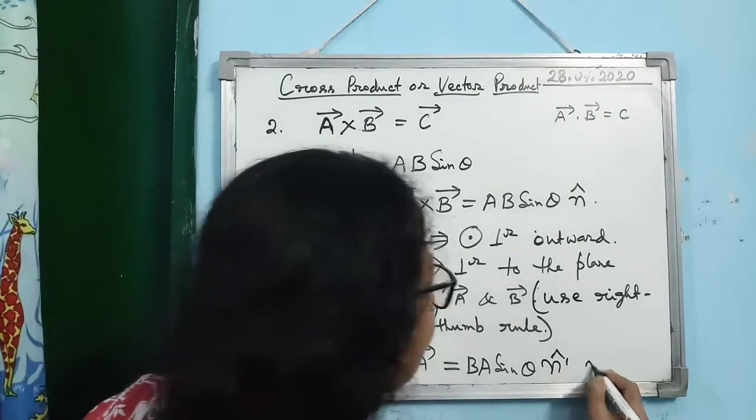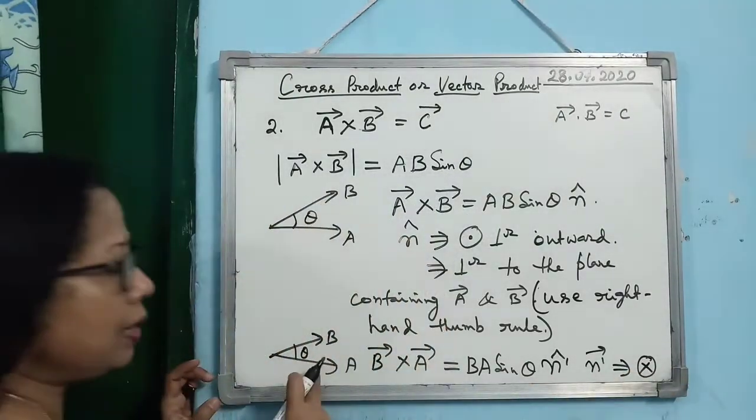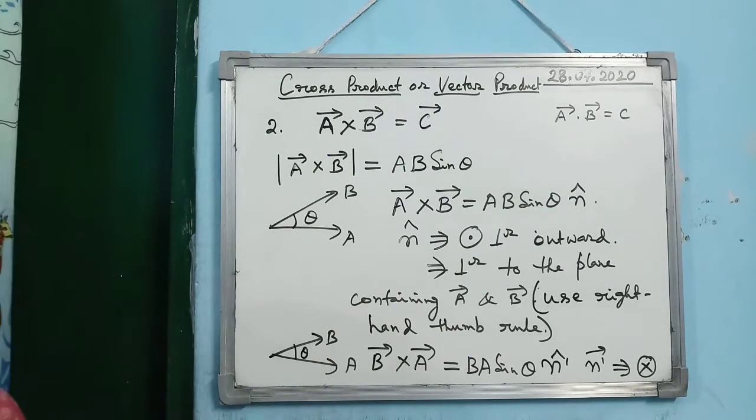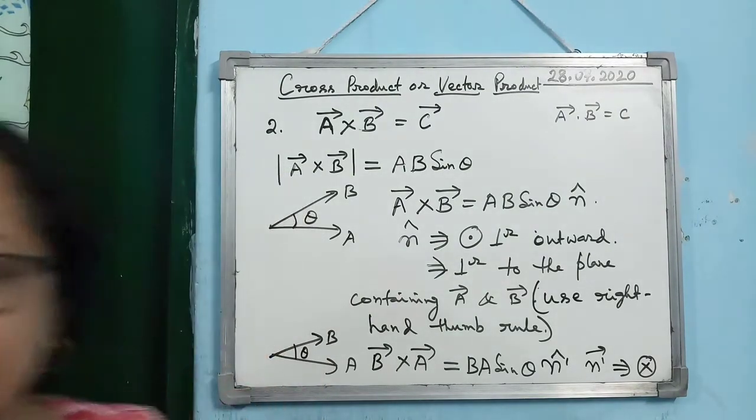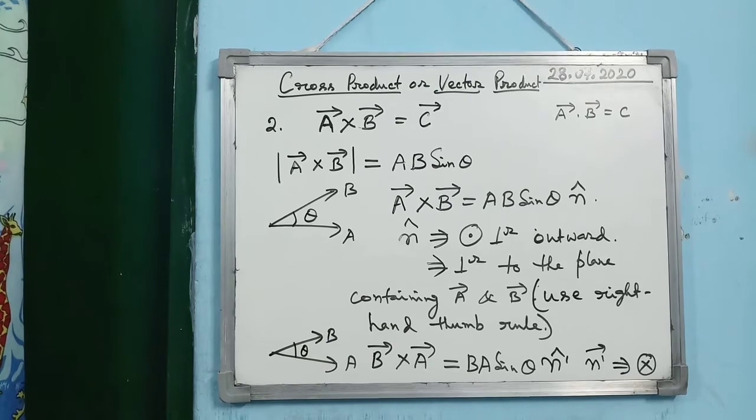Now, what is the direction of n dash? Direction of n dash is perpendicularly inward. Alright. So this is the way you can find out the magnitude and the direction of the cross product of two vectors.